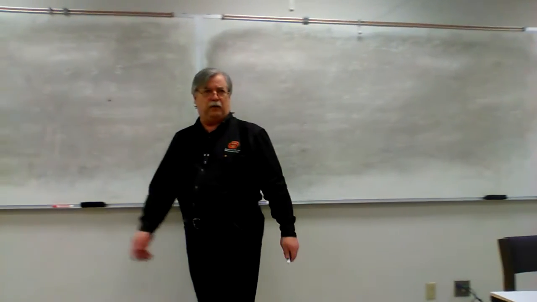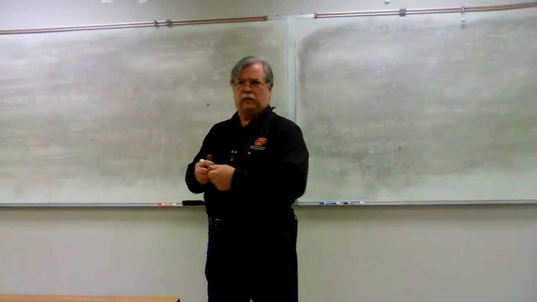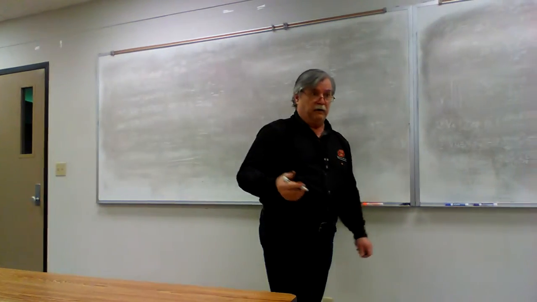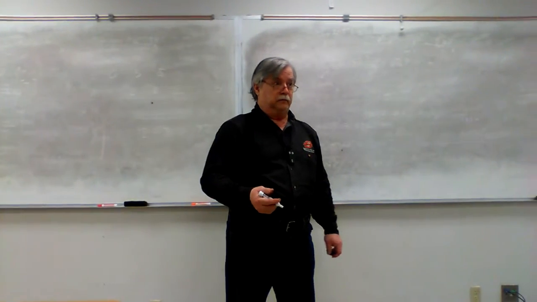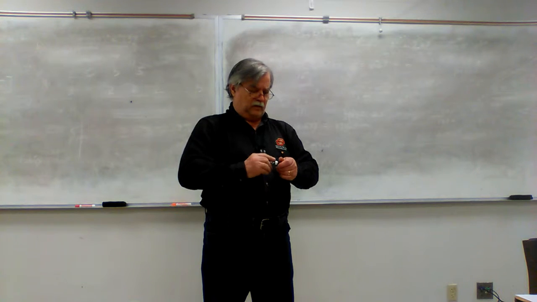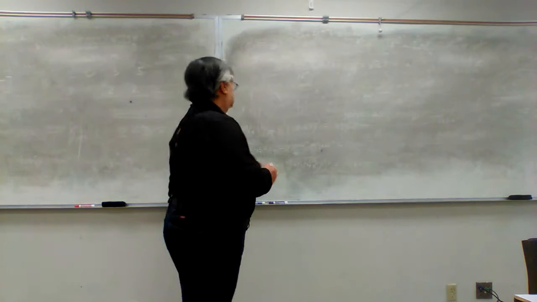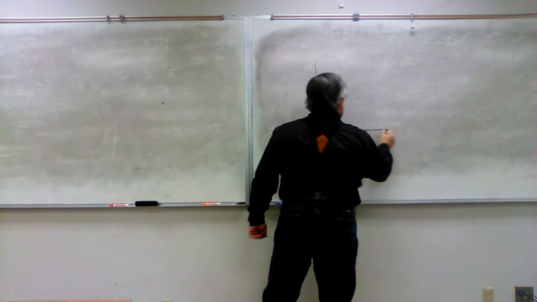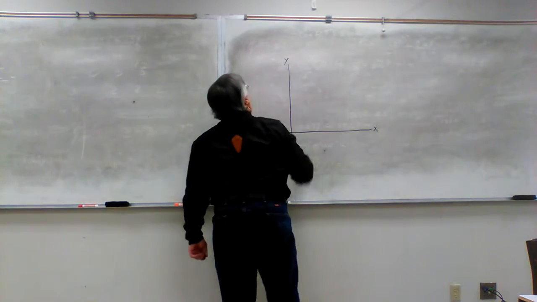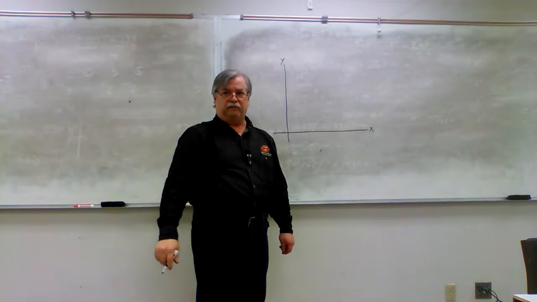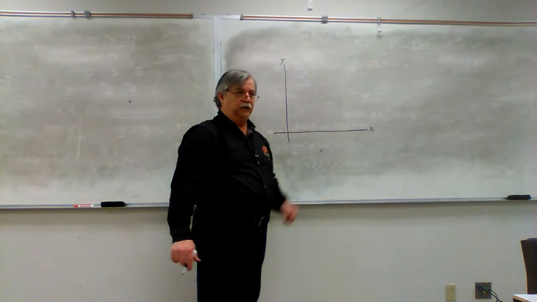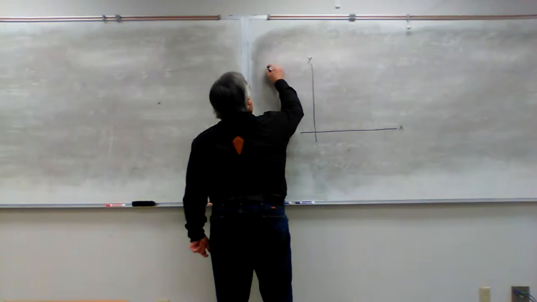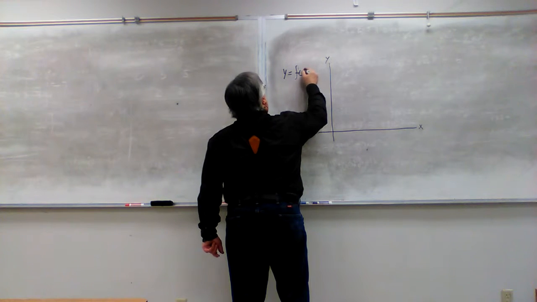Which is the dependent variable and which is the independent variable? And it can be confusing because, quite frankly, sometimes it's just an arbitrary choice. But in general, when you're plotting x and y, when you're plotting a function on a Cartesian plane, you're going to write y is equal to some function of x.